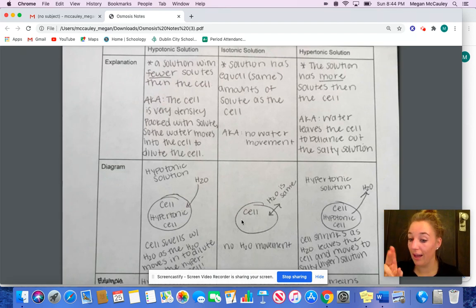Isotonic means they're the same. And hyper, meaning more, so the solution has more solutes than the cell, aka the water is going to leave the cell to balance out that salty solution on the outside.